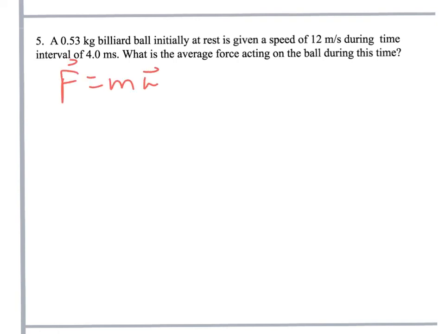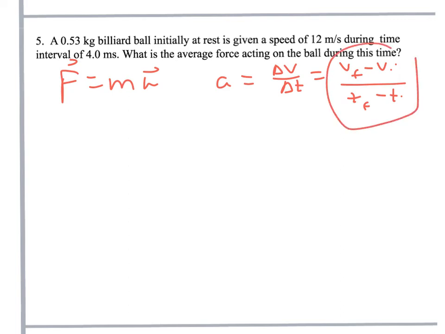We know that acceleration is a change in velocity over time, and that delta v means v final minus v initial, and this is t final minus t initial. So now we can take this part right here and put it back in our F equals ma equation.